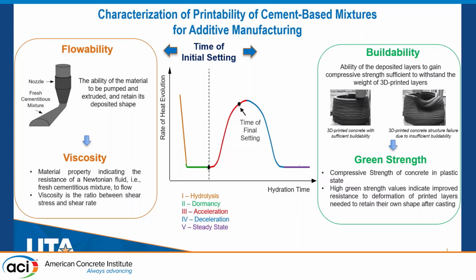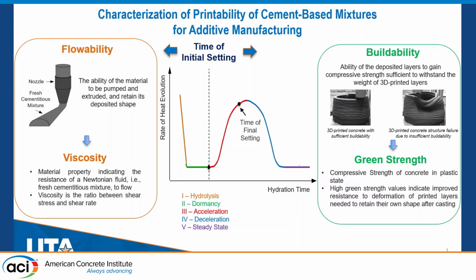One of the properties that characterize the flowability is the viscosity, the material's property that indicates the resistance of the material to flow. And also for the buildability, as I already mentioned, the green strength, which is a compressive strength at the plastic stage.